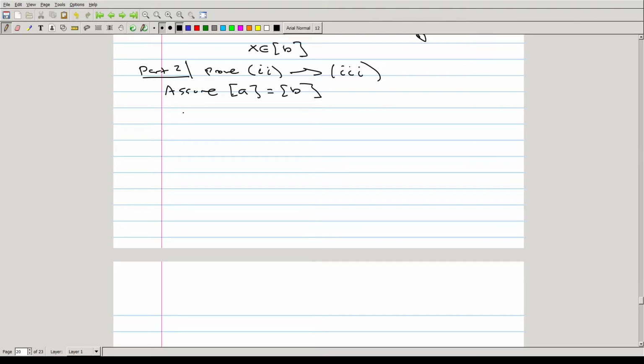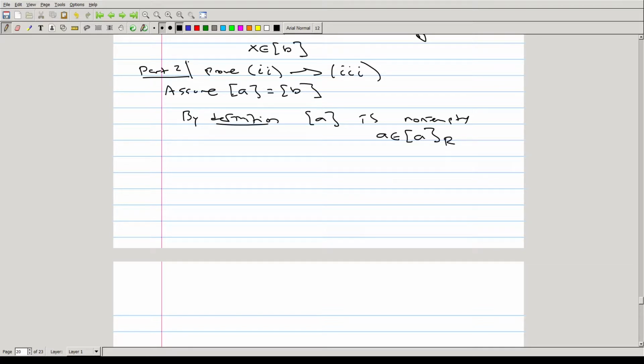By definition, the equivalence class of A is not empty because A is an element of the equivalence class of A by definition.